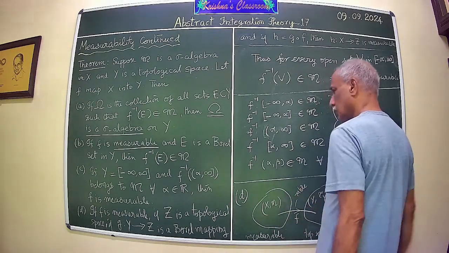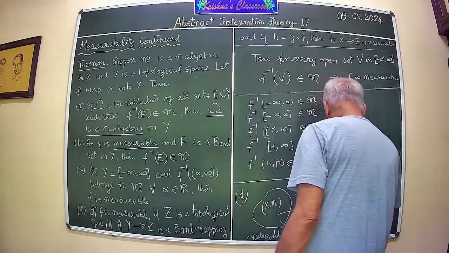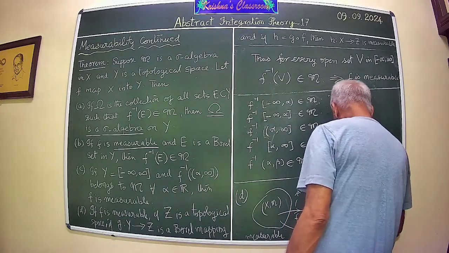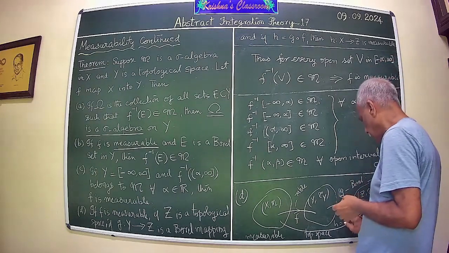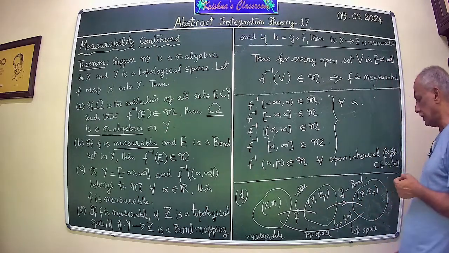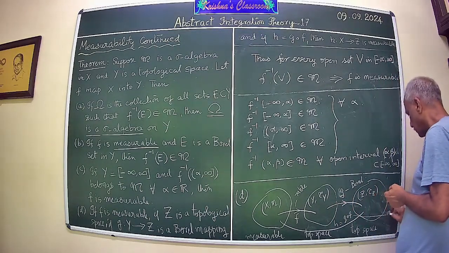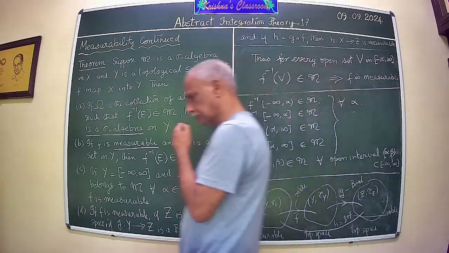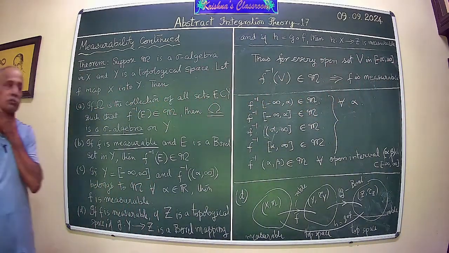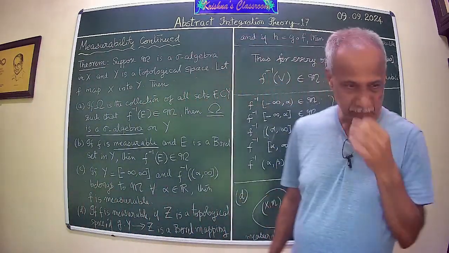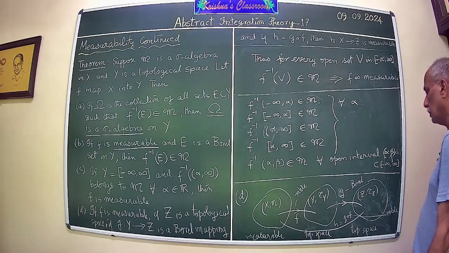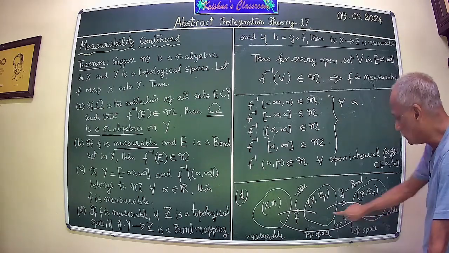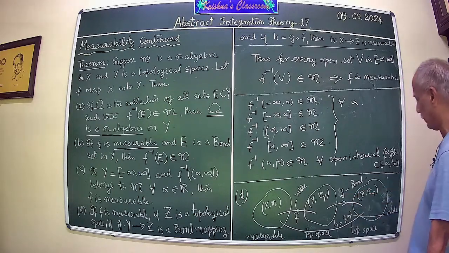The composition H is measurable. Now you see that it is enough to prove that G is a continuous map.